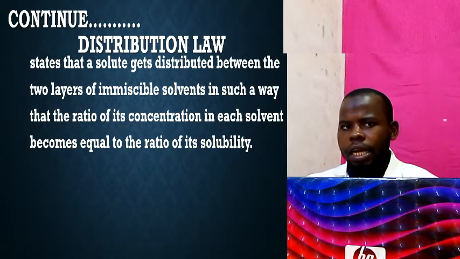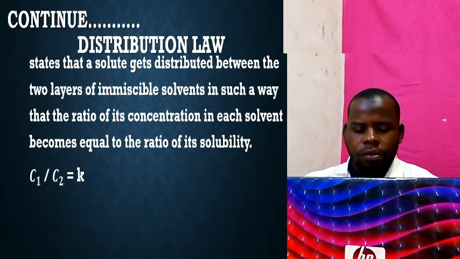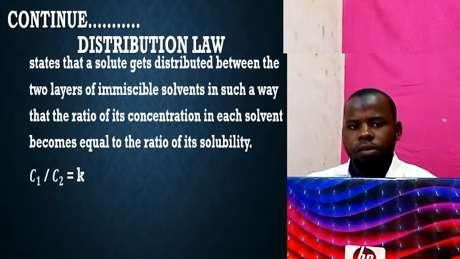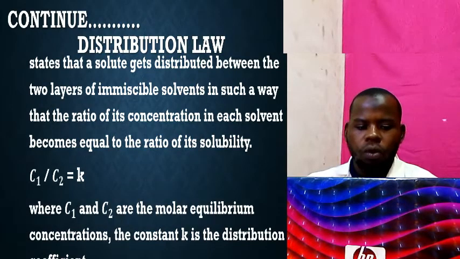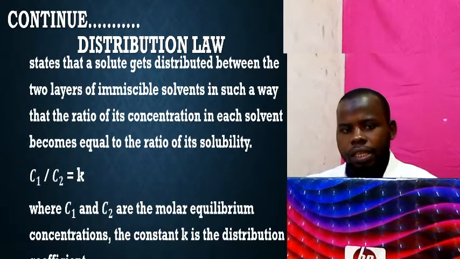That is KD, or the distribution constant. You see that formula: concentration 1 over concentration 2 is equal to a constant, where concentration 1 is the molar equilibrium concentration, and the constant K is the distribution coefficient.